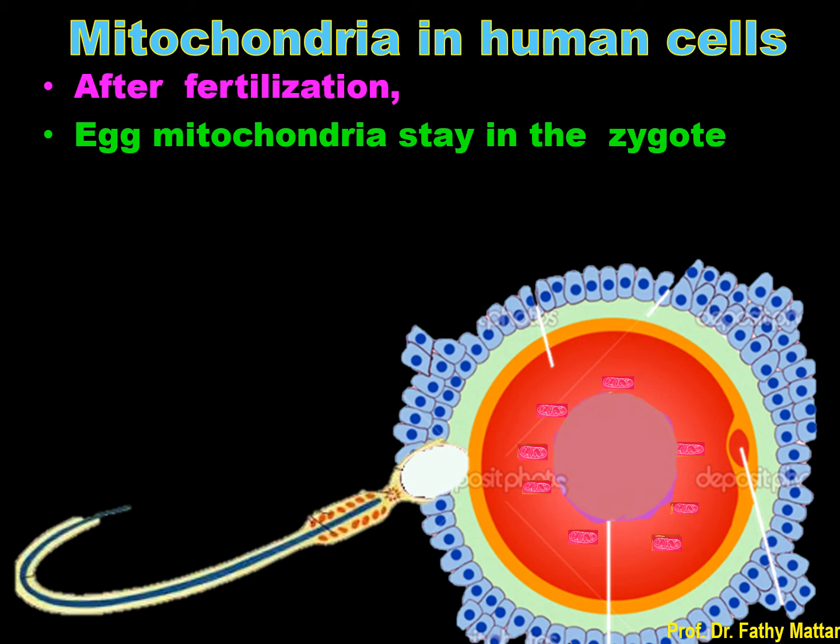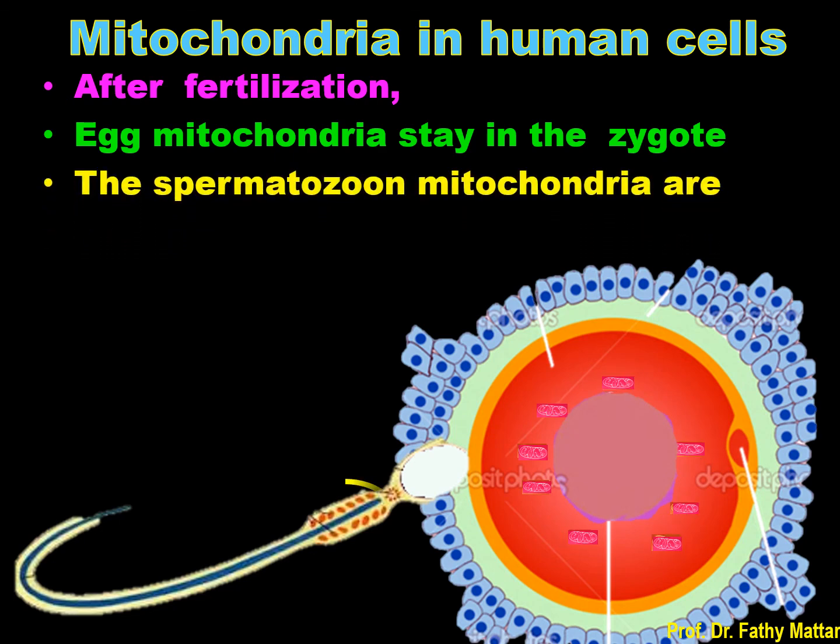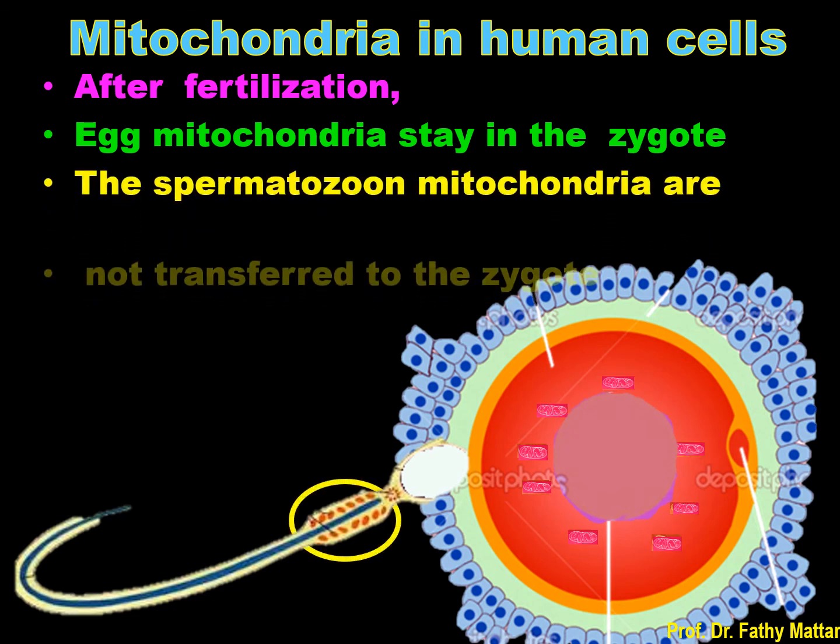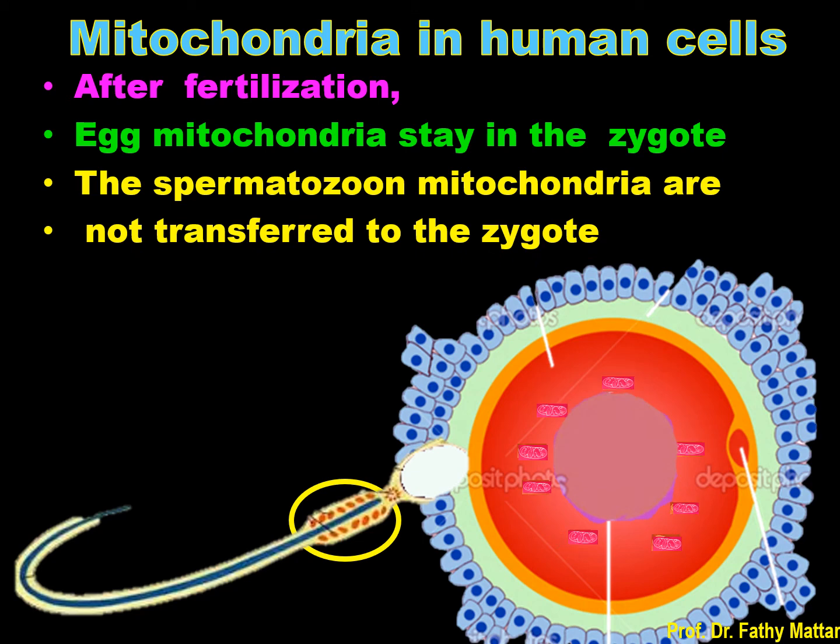And so the zygote, which will form the cells of the body, will carry only the mitochondria from the egg cell, but not from the spermatozoon. They will not enter the zygote.